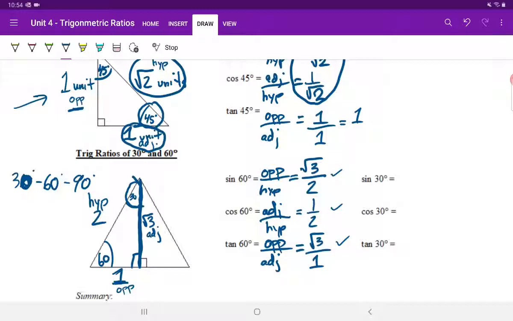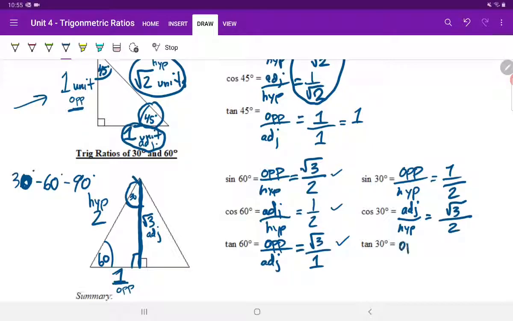So let's find the sine of 30 degrees. Remember, it's opposite over hypotenuse, which is 1 over 2. And you can try that on your calculator. Sine of 30 is 0.5. Cos of 30, adjacent over hypotenuse, is the square root of 3 divided by 2.